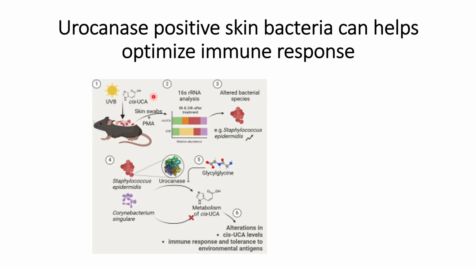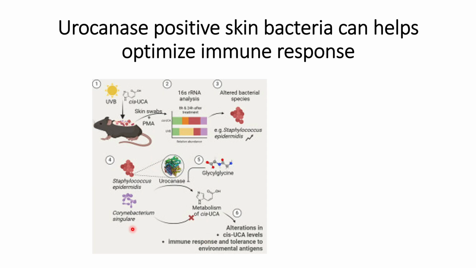So if the person is exposed to more of these environmental antigens that can damage their skin, then they can use glycyl glycine accordingly to maintain this urocanase, and that helps in the immune response on the skin against the harmful environmental antigens.